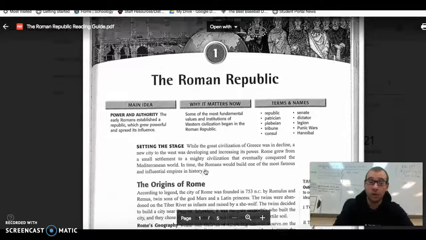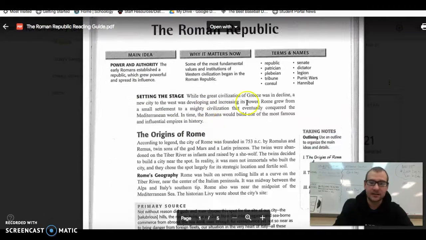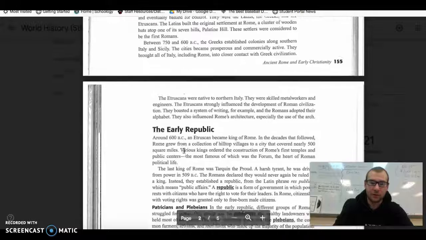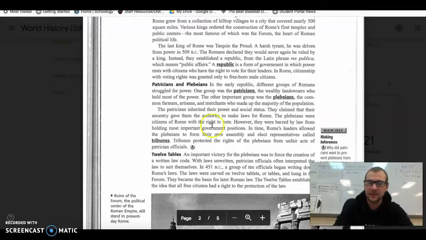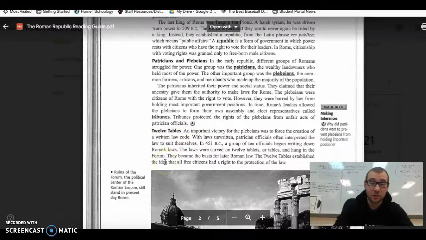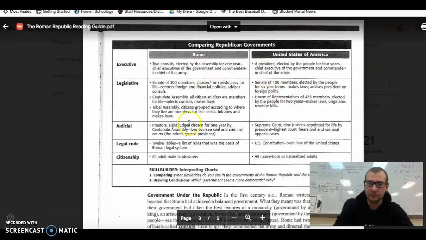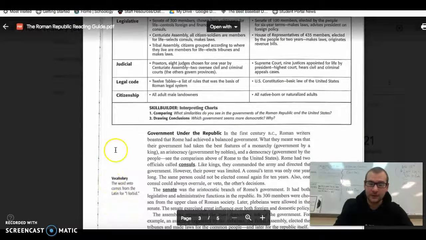So the Roman Republic, you guys can read through this right here, kind of sets things up nice for you. You'll just read through the reading guide. It's mainly explaining a lot about the government. So you'll see the different types of people. You'll read about this thing called the 12 Tables. But a lot of it's going to be looking at the government of Rome, the Republic, for example.